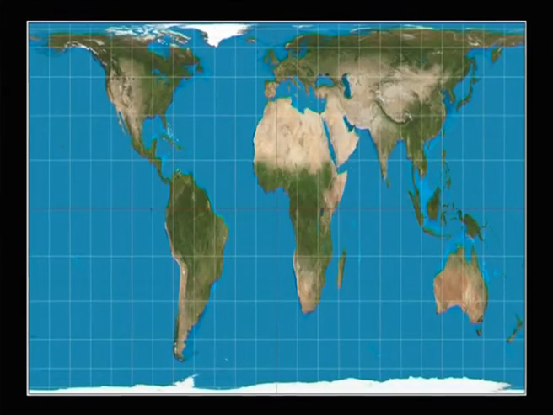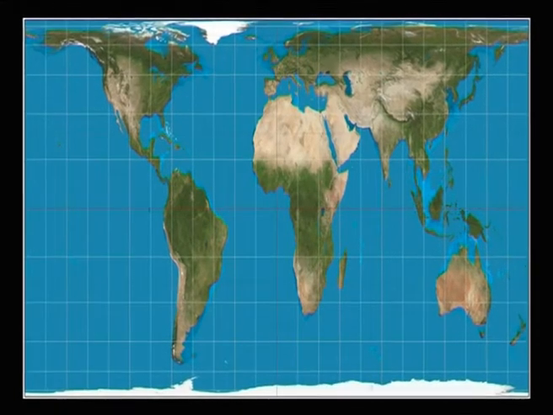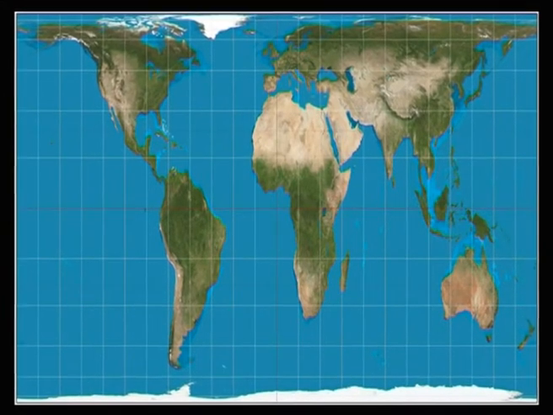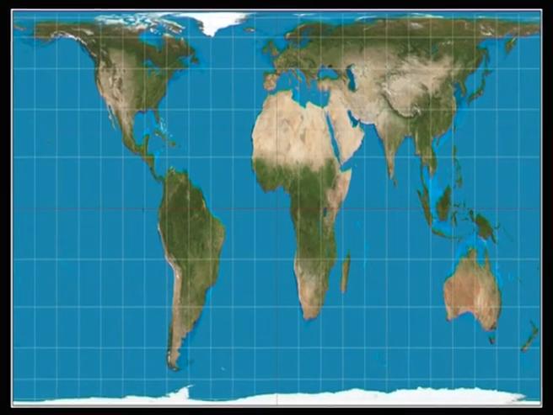The second kind of the cylindrical projection is cylindrical equidistant projection. This projection is also known as equirectangular, simple cylindrical, rectangular or plate carré projection.